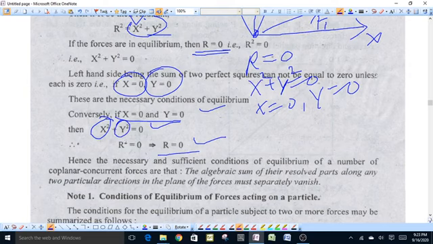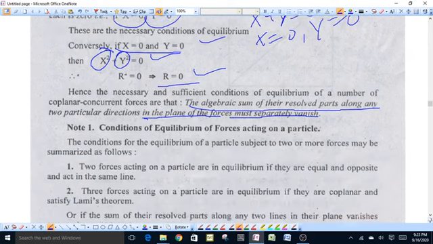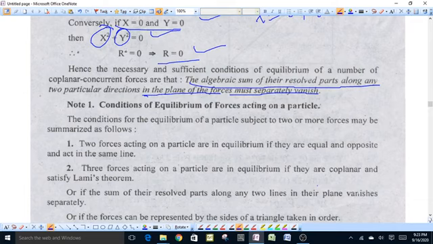The necessary and sufficient condition of equilibrium of any number of forces which are coplanar and concurrent is that the algebraic sum of their resolved parts along any two perpendicular directions in the plane of forces must separately vanish, that is, the algebraic sum of x components of all the given forces must be equal to 0 and the algebraic sum of y components of all the given forces must be equal to 0.